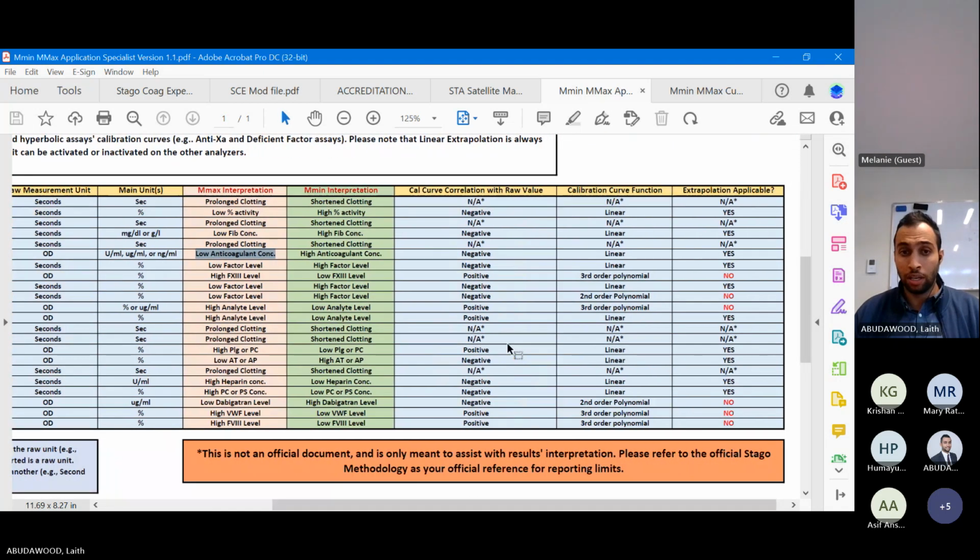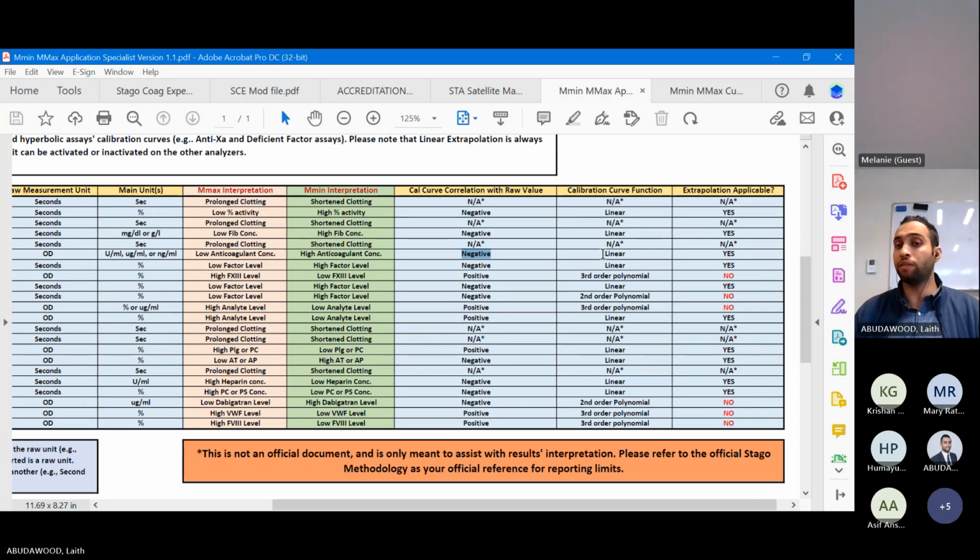Why is that? Because the calibration curve is negatively correlated, meaning the optical density is negatively correlated with the concentration of your anticoagulant: the higher the optical density, the lower the concentration of the anticoagulant in the blood. That's why with the higher optical density, you will get MMax.